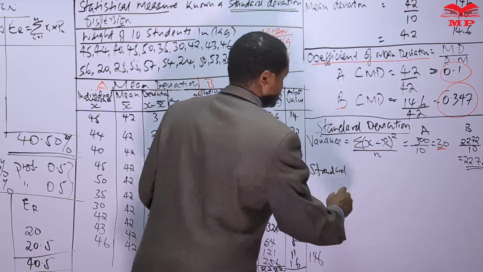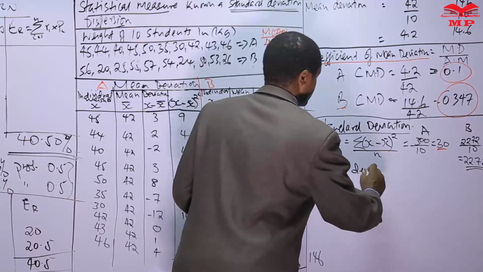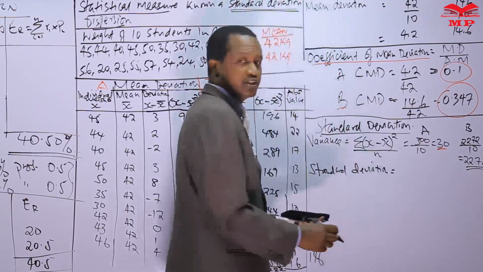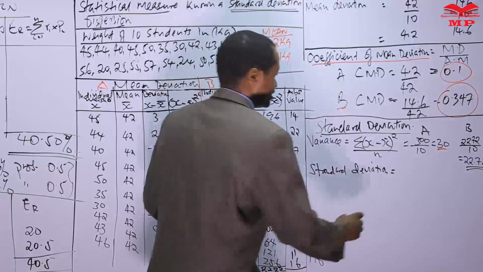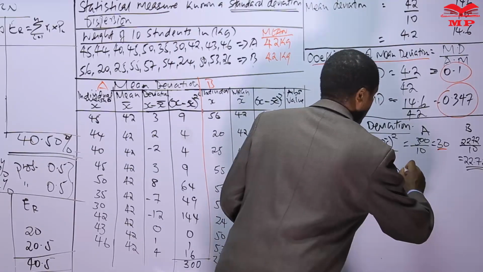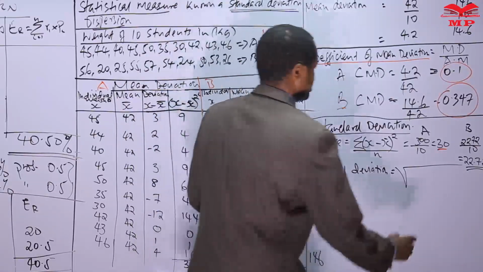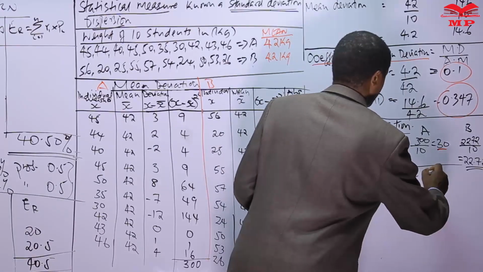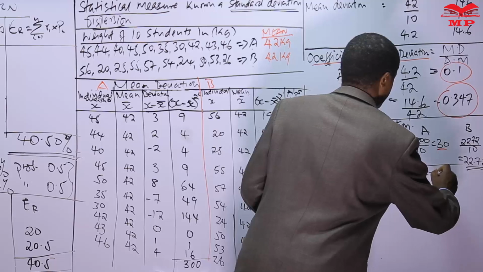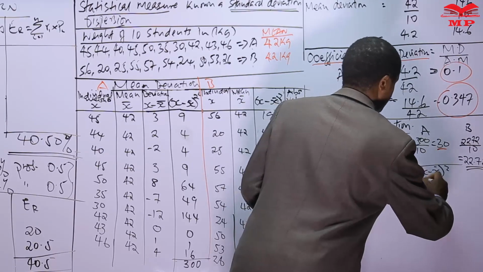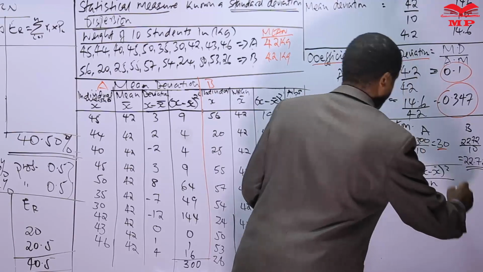Standard deviation. The standard deviation is derived by getting the square root of the variance. The square root of the variance, which is the summation of x minus x bar squared divided by n.